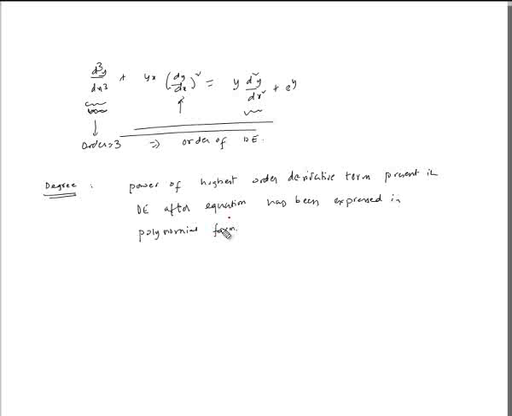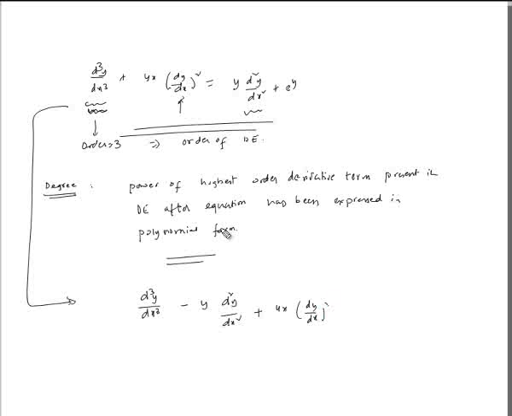After you express the equation in polynomial form, let's take this very example. Let me explain in polynomial form. This is the third order term. Now let's put the second order term first, and then the first order term, and then the other terms.